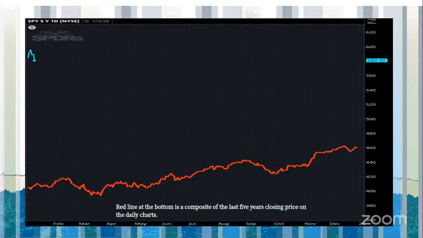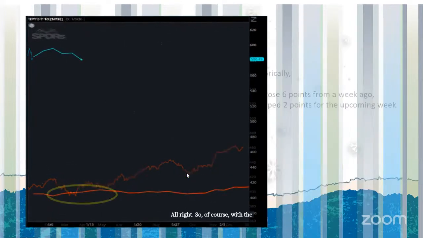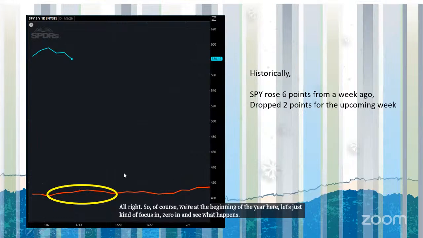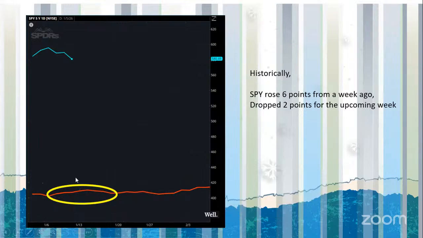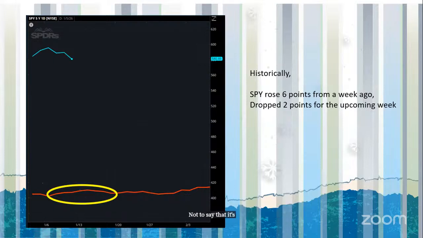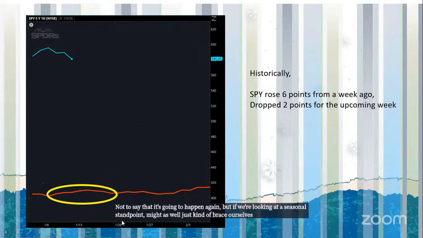Of course, we're at the beginning of the year here. Let's zero in and see what happened. Historically, SPY rose about 6 points from a week ago, and historically it dropped about 2 points for the upcoming week. Not to say that it's going to happen again, but from a seasonal standpoint, we might as well brace ourselves for what may occur.